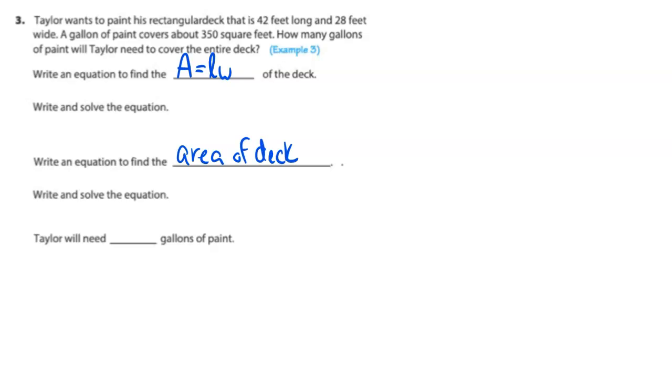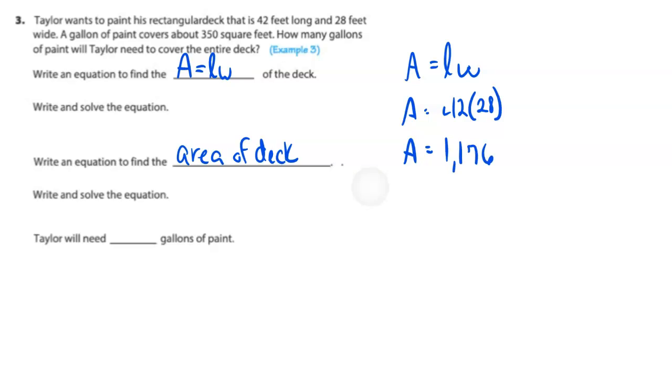Okay, so first thing we need to figure out is how much space we're using. Okay, the area of a rectangle is length times width. They already tell me that it's 42 feet long and 28 feet wide. So the first thing I'm going to do is do 42 times 28. And when I do that, I get 1,176.